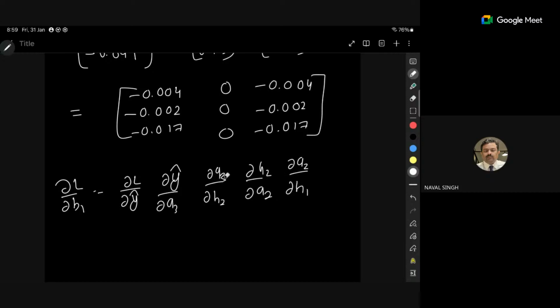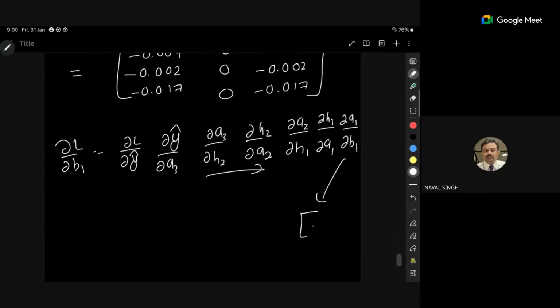So we'll actually repeat this same thing here. And with respect to A1, now A1 is something which will be with respect to B1. If you do it with respect to B1, you will get 1, because it's WX plus B, so WX goes away, del B by del B is 1.